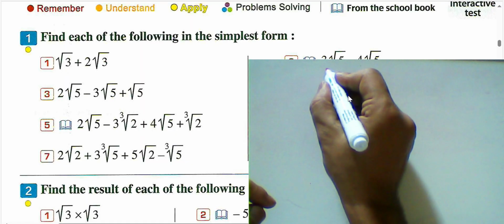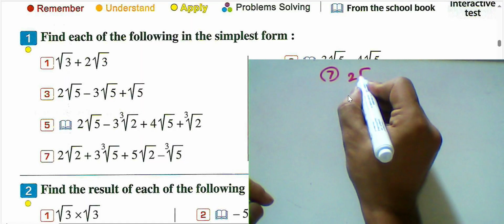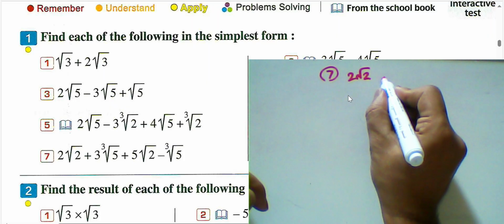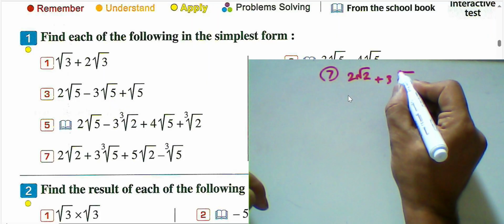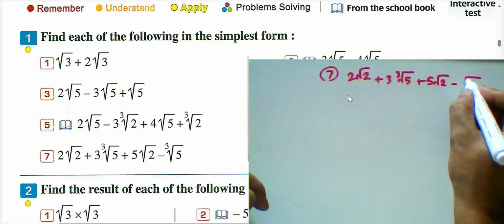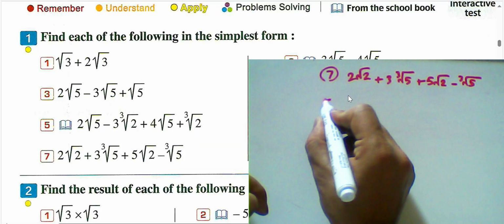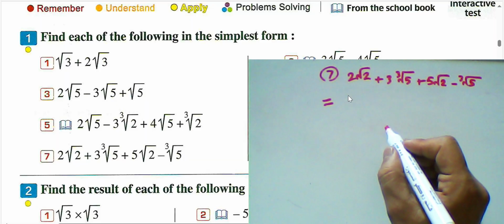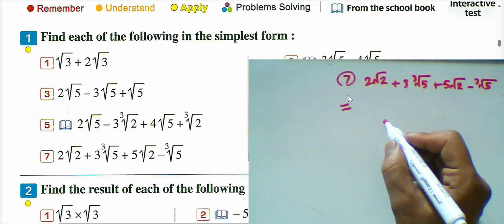Next question number 7. 2 root 2 plus 3 cubic root of 5 plus 5 square root of 2 subtract cubic root of 5. We can use here commutative and associative properties to find the result.